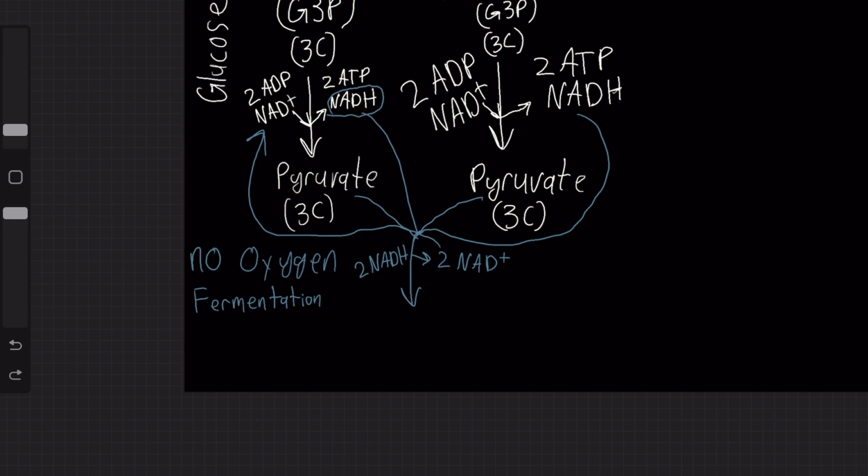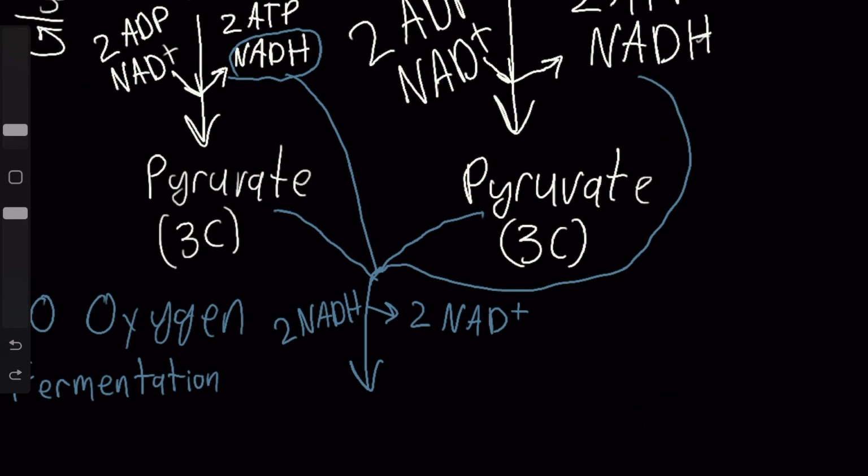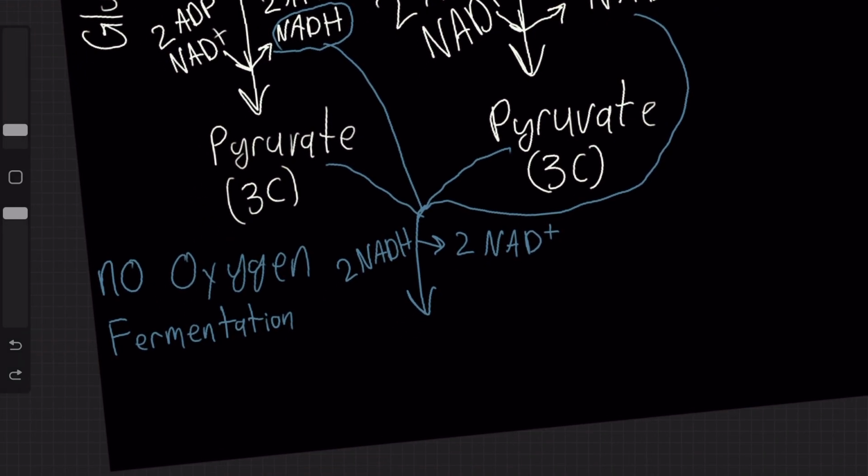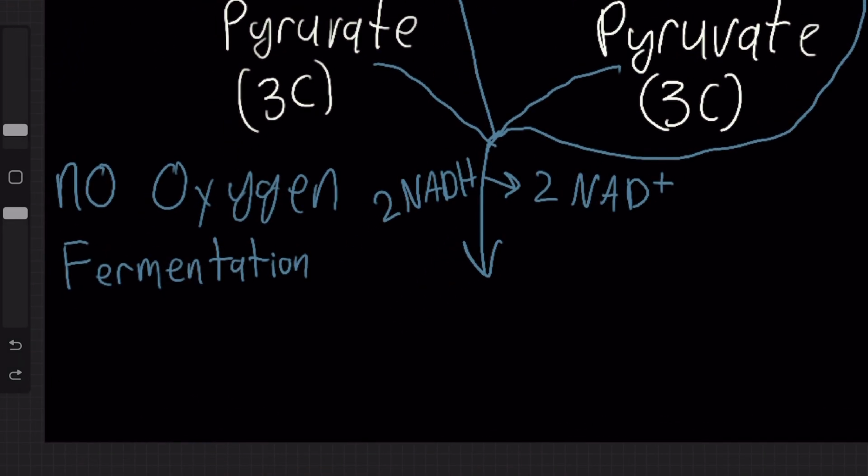Those arrows are confusing, so I'm going to remove them. But the NAD plus will go back into glycolysis to, again, make another 2 ATP. But the whole thing is the electrons will break down pyruvate. And for an animal cell, I'm going to write cell for all of them, and a yeast cell, and for bacteria, it will be, again, variable.